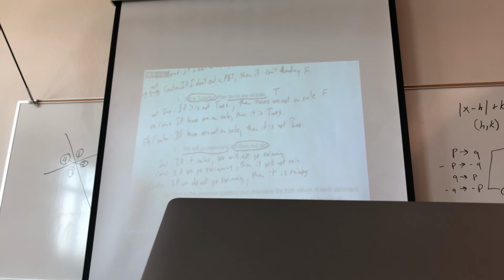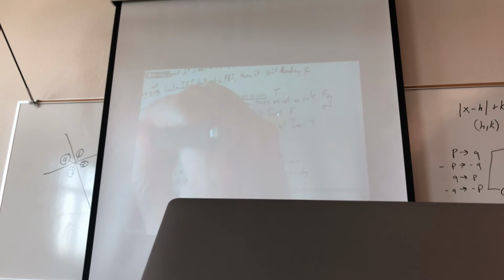Tacos could be on sale for an entire month, and not every day in that month is a Tuesday. If tacos are on sale, then it is Tuesday. Again, it's logically equivalent to that inverse, so it's also false. And then if tacos are not on sale, then it is not Tuesday. That one's true. Okay, again, the original and the contrapositive should be linked.